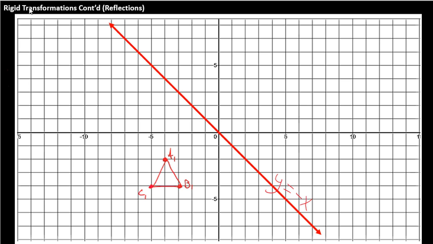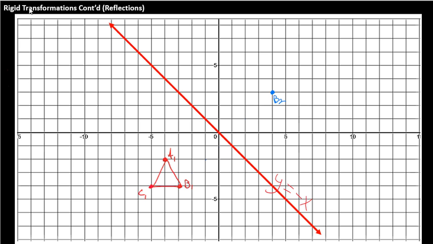I'm going to start with B1. B1 is 1, 2, 3.5: half, 1, 2, 3. We'll call that B2. It can be a little mind-numbing to do this, but if you tilt your head to the left, you can already see how this is going to reflect.